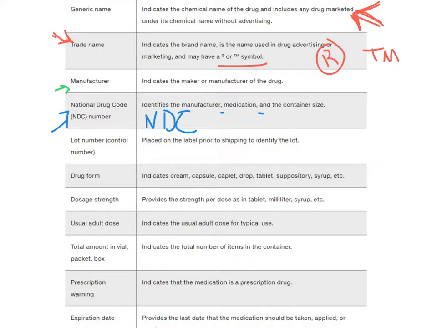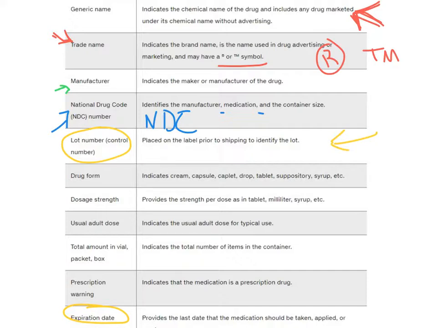Now, the lot number, and as we get down to the bottom, the expiration date. Many of the examples I'm going to give you are samples and not actual medication labels for a drug prescribed to anybody, so they may not be shown on yours. But to tell you what they are, the lot number is what's placed onto the label prior to shipping, so that we can identify the batch it was created in.